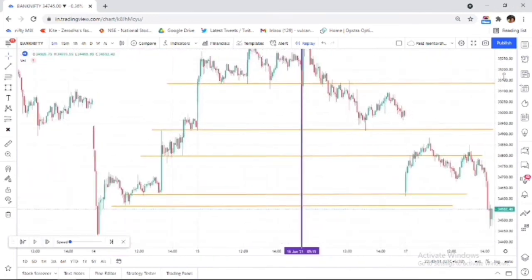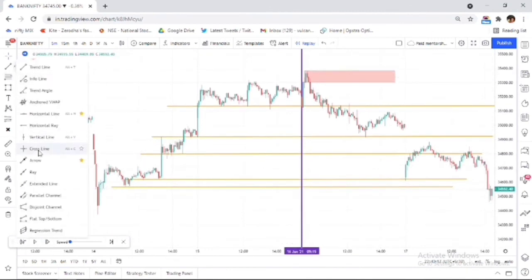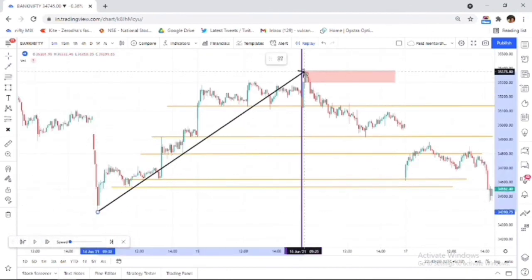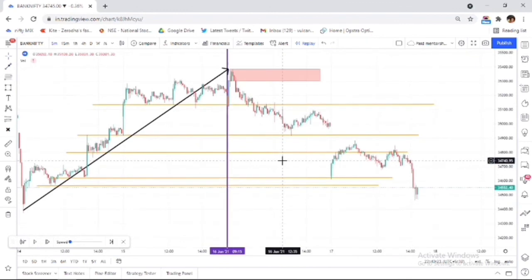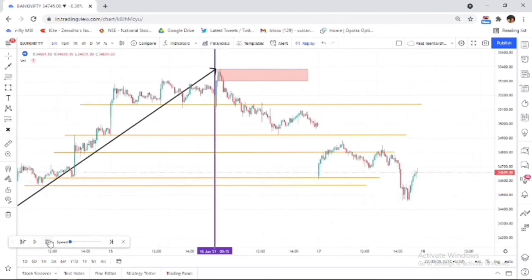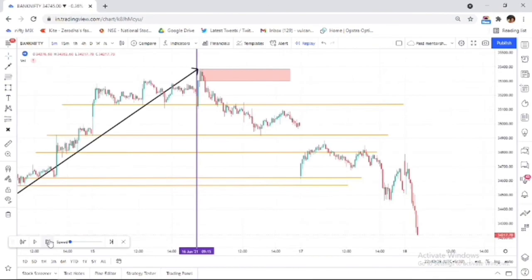This is how the market works. It works in terms of stop clearing, first going up and after the break of structure going down, but you cannot find this in a trend way. Okay, thank you.